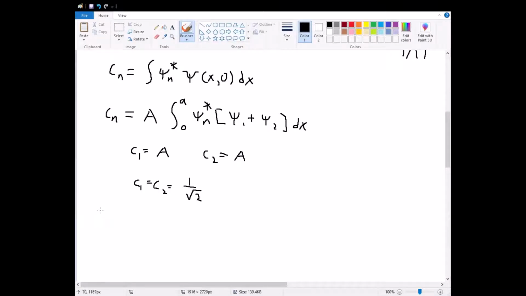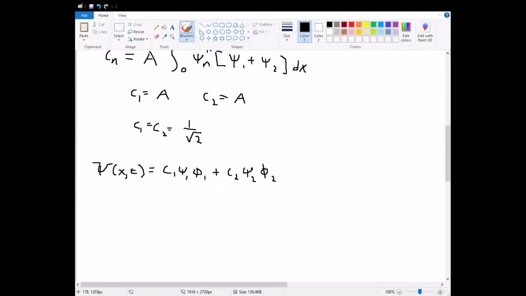From here, we can just write out the full expression. Our big psi of x comma t, well, we know now that any C terms greater than 2 are equal to 0, so this is just the sum of two terms, C1 little psi 1 little phi 1 plus C2 little psi 2 times little phi 2.